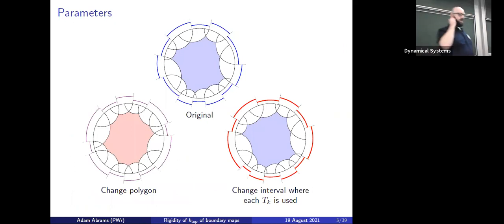What we want to do is take this Bowen-Series boundary map and modify it in some ways. And there are two main ways that we could modify this setup. One thing we could do is change the polygon that we're using, which basically means changing within Teichmüller space. So the Teichmüller space of the surface can be thought of as quotienting by different polygons. The other thing we could do is leave the polygon the same and change which intervals we're using the different generators on.